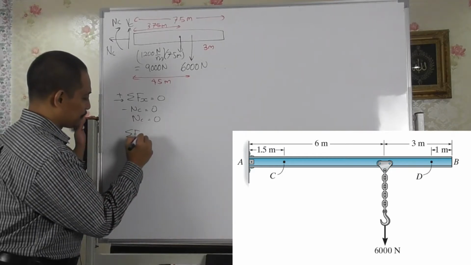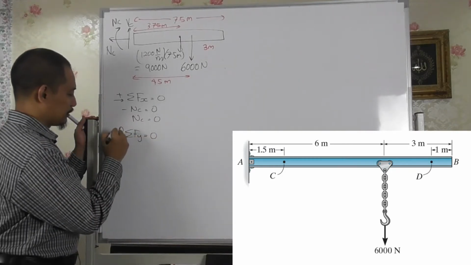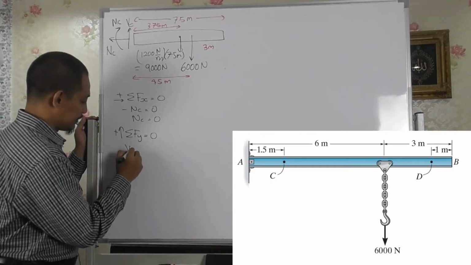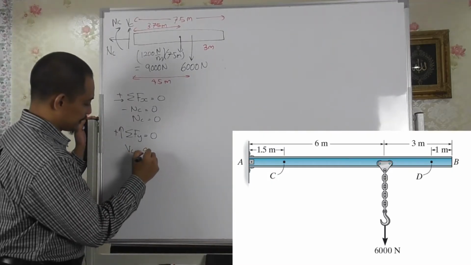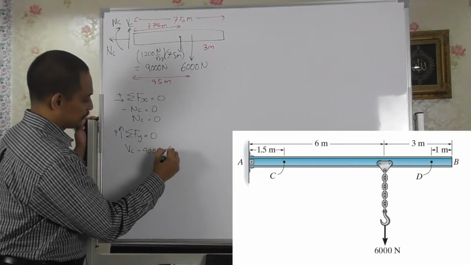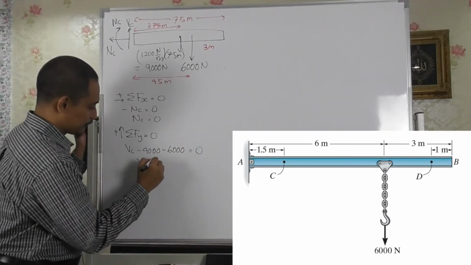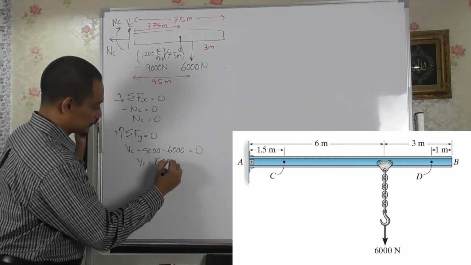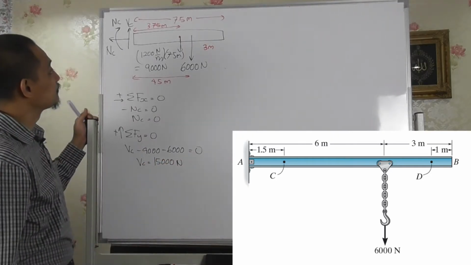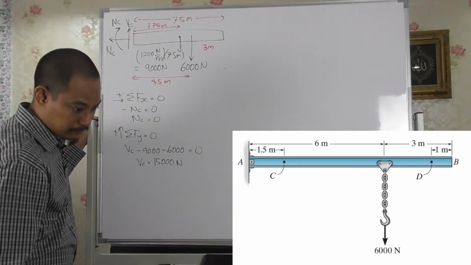Summation of Fy equal to 0, taking positive upwards, you have VC, minus 9,000, minus 6,000 equal to 0, so VC equals 15,000 Newton.